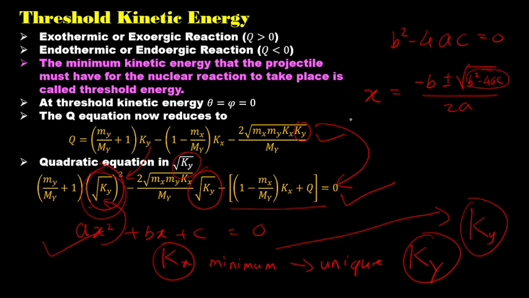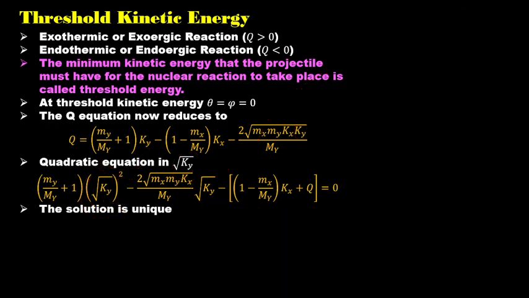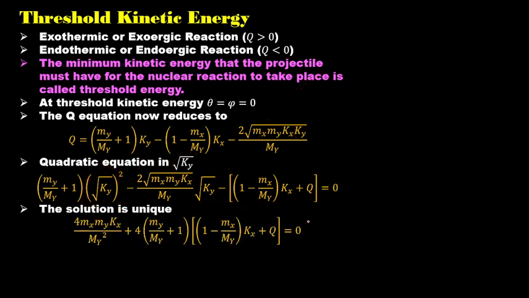But when it has a unique solution, when the root is unique, then this b square minus 4ac must be 0, so that x will have a unique value of minus b upon 2a. So b square minus 4ac must be 0, and b square minus 4ac equal to 0 applied to this quadratic equation in the square root of Ky gives us this equation.